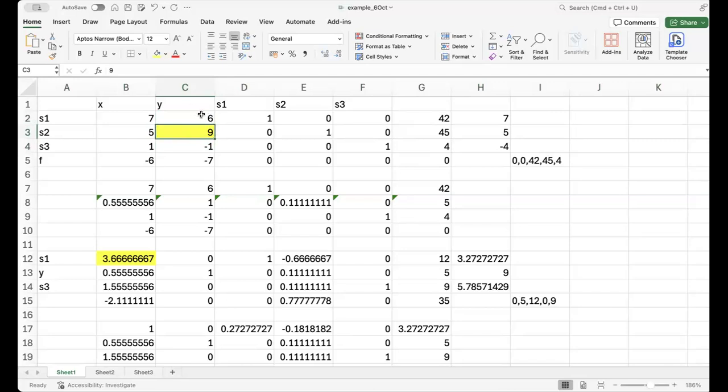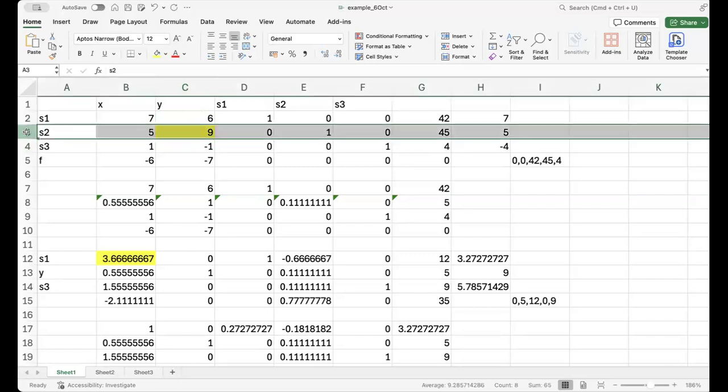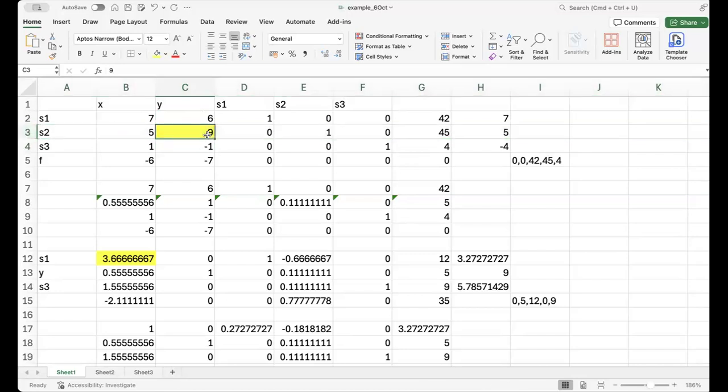So we need row operations. We divide all this row by 9, then we obtain 1 here. What else do we need? We need the other elements in this column to be 0.